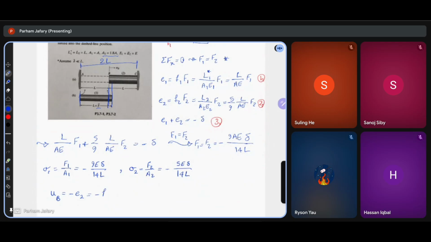It is equal to negative F2 times the length over AE, equal to negative 9 over 5 L over AE times negative 9 times AE delta over 14L. And crossing out the variables, we will end up with 5 over 14 times delta.